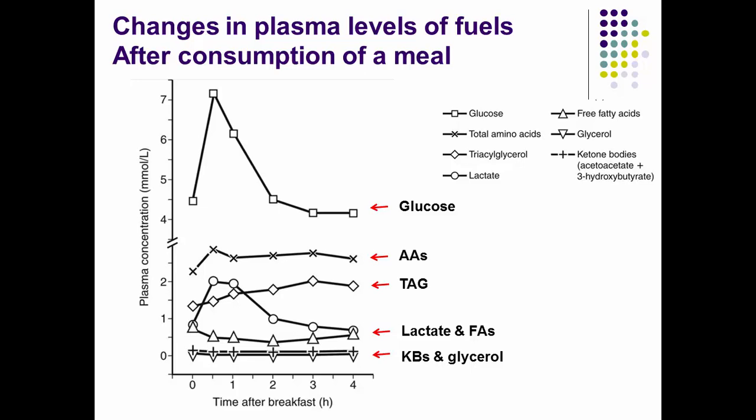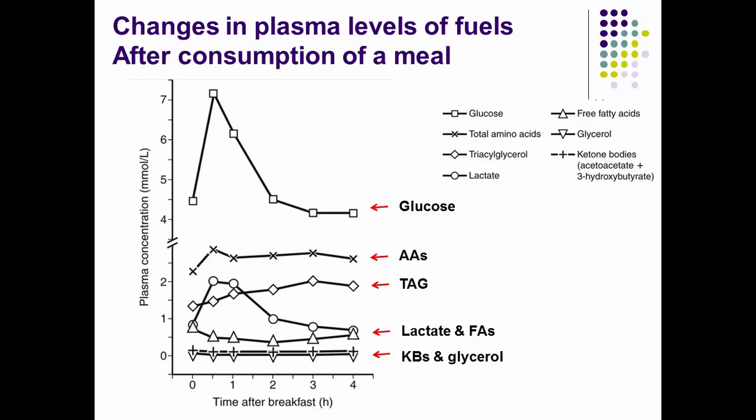And amino acids, you see also increase a little bit, and triglyceride levels also increase a little bit, but not a sharp increase like glucose, right? And lactate levels also increase.